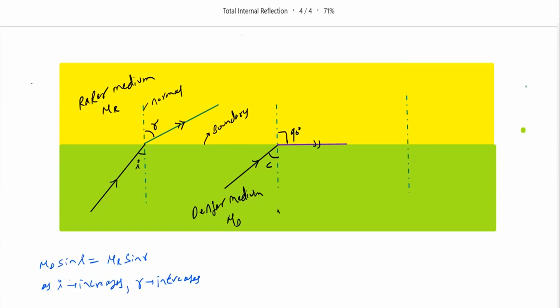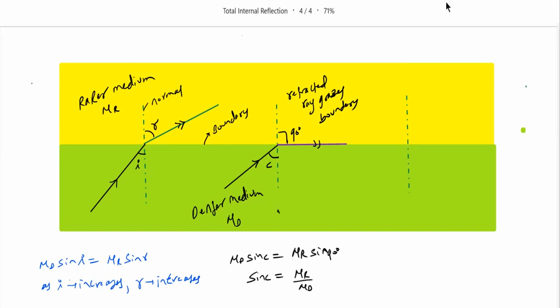Then we'll apply Snell's law. Here the refracted ray grazes the boundary, so mu d sine c equals mu r sine 90 degrees, or sine of critical angle is equal to mu r by mu d.